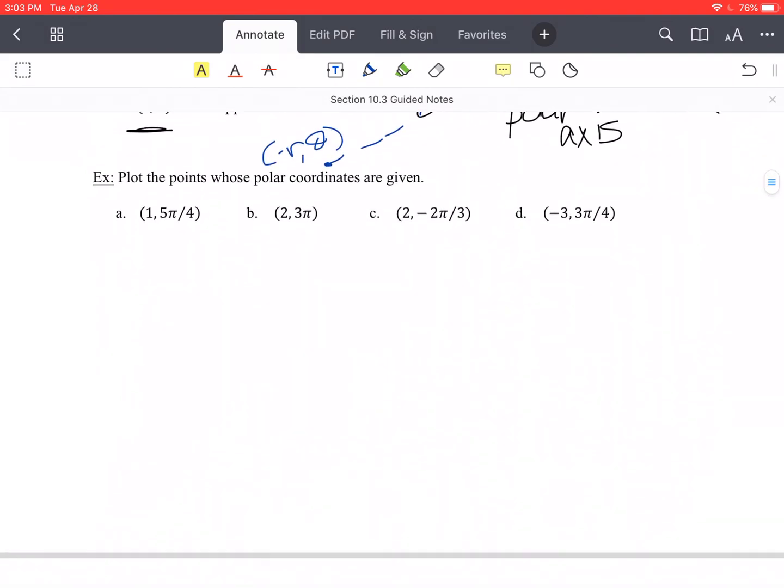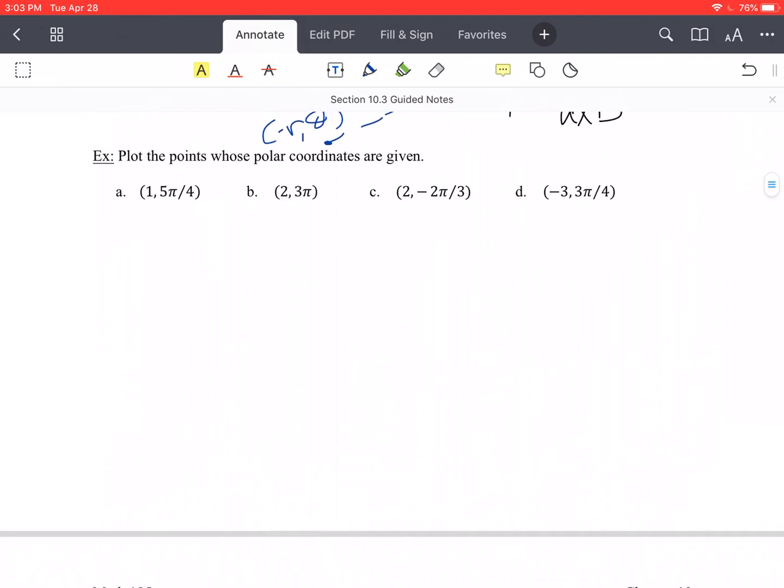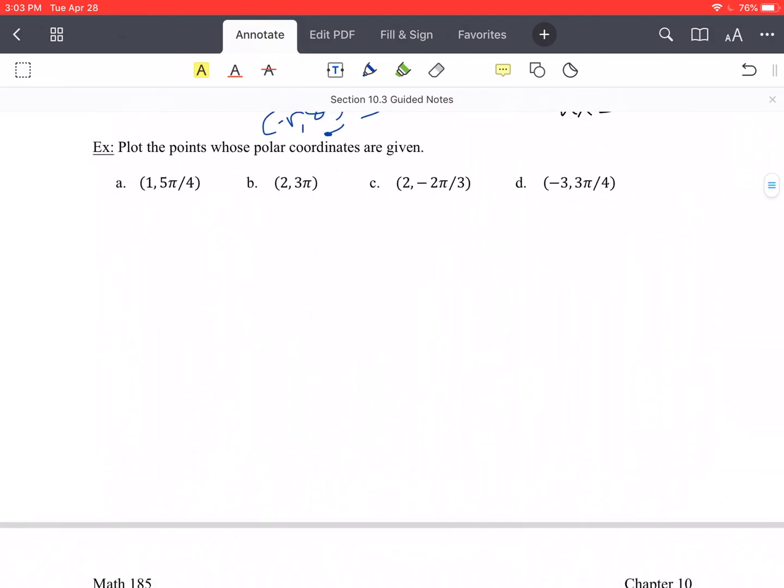So plot the points whose polar coordinates are given. So we have 1 comma 5 pi over 4. All right. So let's just draw that origin point, our polar axis. Okay, so that's O. Okay, and then the r value tells us how far away from the origin we are, and then the theta value tells us how far around we go.